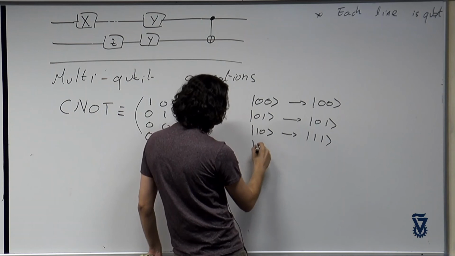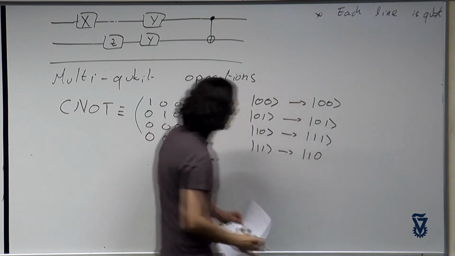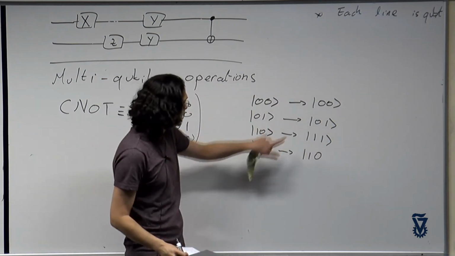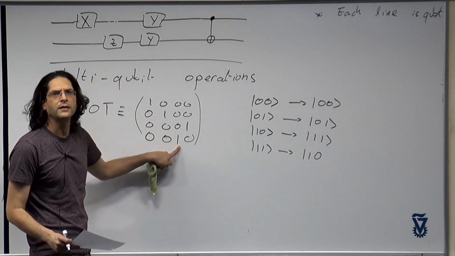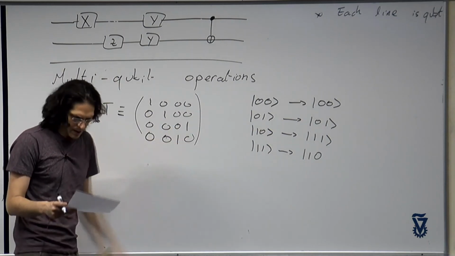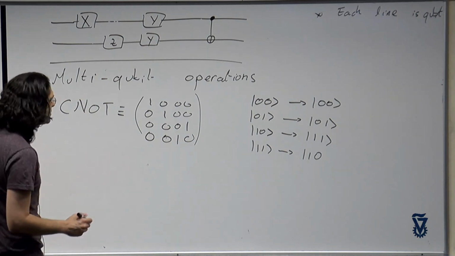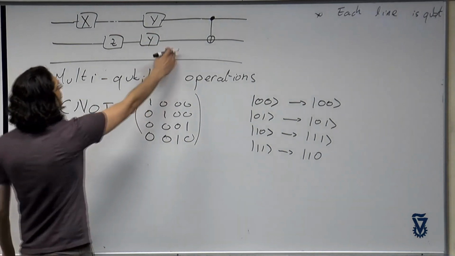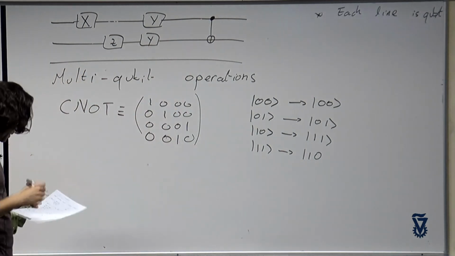And it will map 1,1 into 1,0. Basically, this permutation between these two and these two you can see here in the off-diagonal elements of the matrix. So basically this flips qubit 2 conditioned on qubit 1.